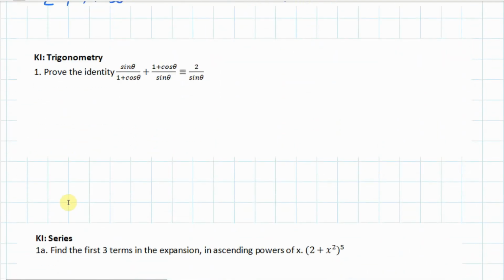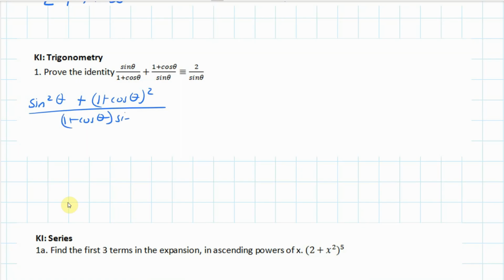Now, the next one, we're doing trig, and we are trying to prove this identity. Now, my first step would be to multiply and get a common denominator. So then I would get 1 plus cosine theta all squared, and then it would be all over 1 plus cosine theta and then sine theta.